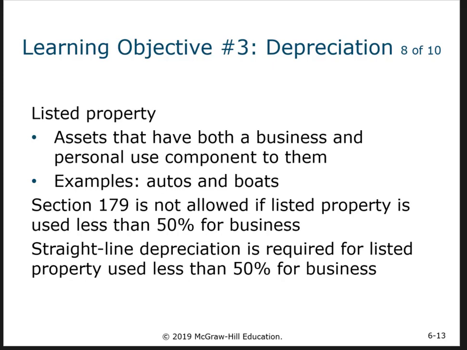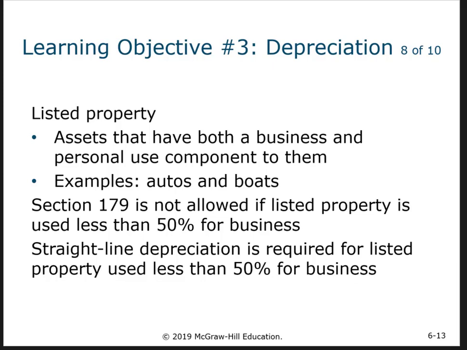Now, regardless of what kind of depreciation you calculate, there are assets that are referred to as listed property. All depreciation is reported on a Form 4562. You calculate depreciation on that form and then move it to the Schedule C. Okay?